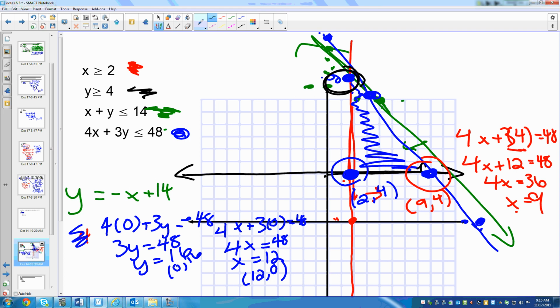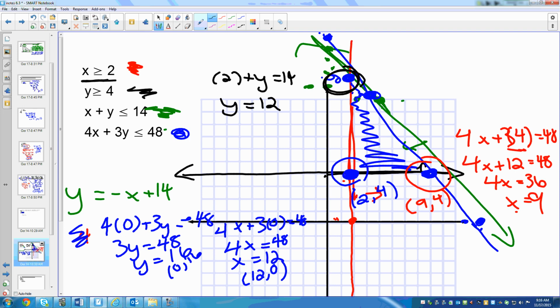Okay? Now, the next one I'm going to go up to is the one that's on this other vertical line, because those are the easy ones. What's the x value there? 2, right? Because that red line is x is greater than or equal to 2, and it's dealing with the green line. So we get x, which is 2, plus y is equal to 14. So we subtract our 2, so y is equal to 12 there.